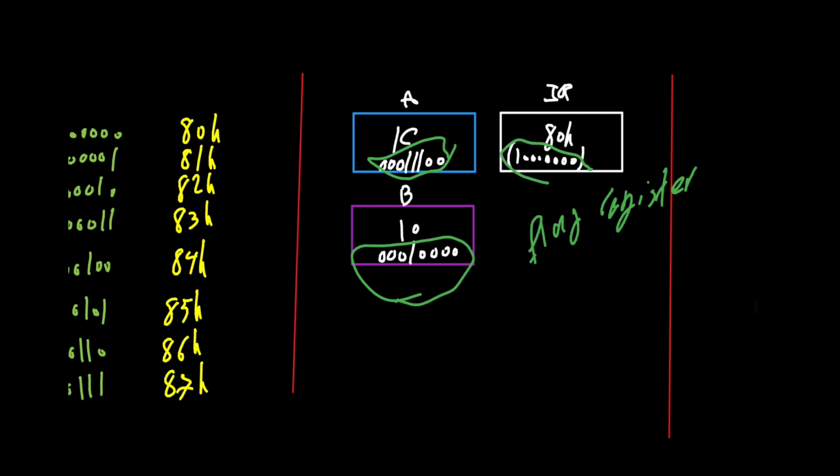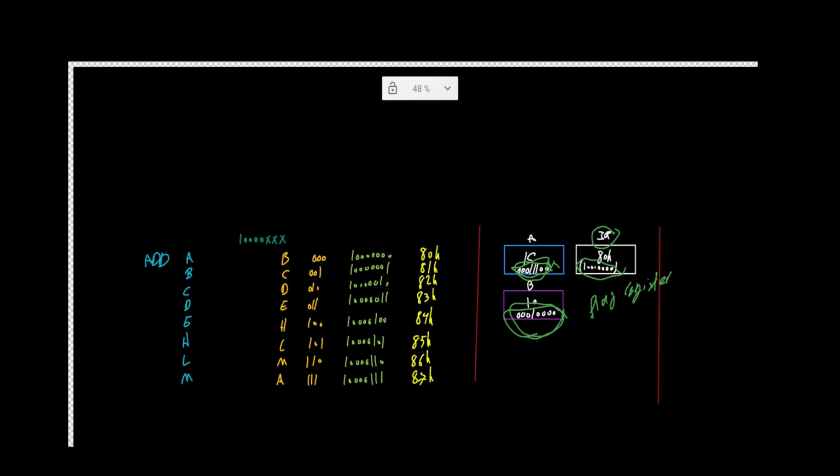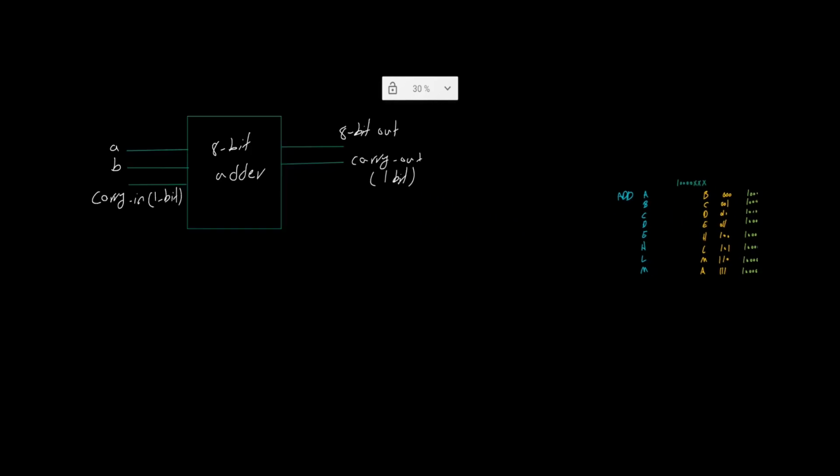So 8085 saw this pattern of zeros and ones in the IR register, understood that it should add the content of the A register with B, loaded the contents of the A register, which is this pattern of zeros and ones, in one of the inputs of the 8-bit adder, loaded the contents of the B register in the other input of the 8-bit adder, cleared the carry in to 0, and then saved the output of the 8-bit adder inside the A register again to execute this instruction.